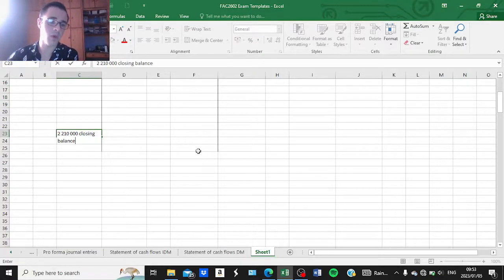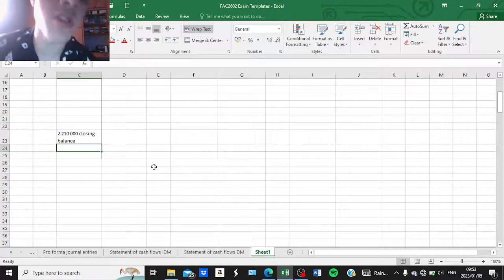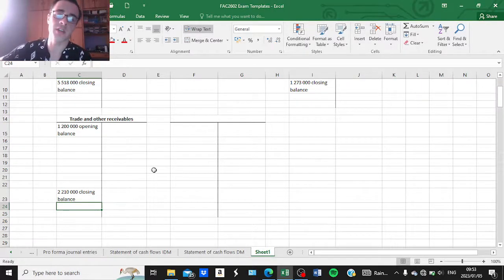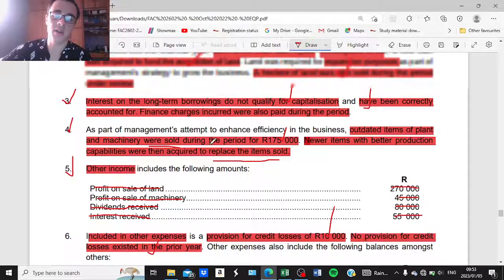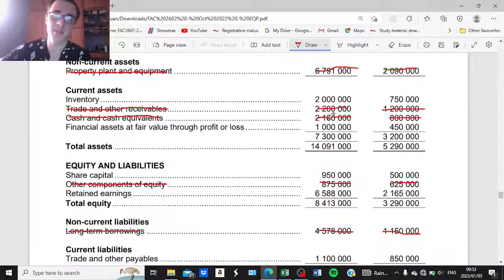Remember the reason why we are doing this is because we want to calculate the correct amount of cash flow that occurred in terms of trade and other receivables. And we can only do that once we have taken all the relevant items into account. We need to add back the allowance for credit losses because this amount is shown as a net amount after the allowance has been subtracted.